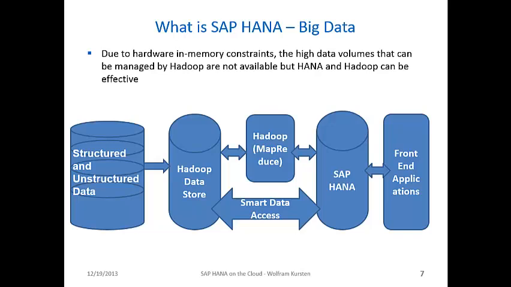SAP HANA is able to look into the Hadoop data store and not necessarily copy the data from the data store, but just use the data in there for the processing, as well as whatever data is sitting in the SAP HANA database. So this facilitates even further the ability to speed up the processing.